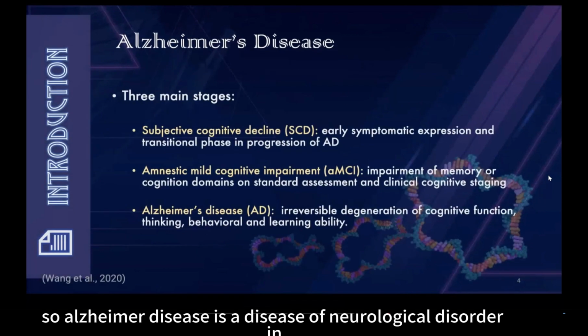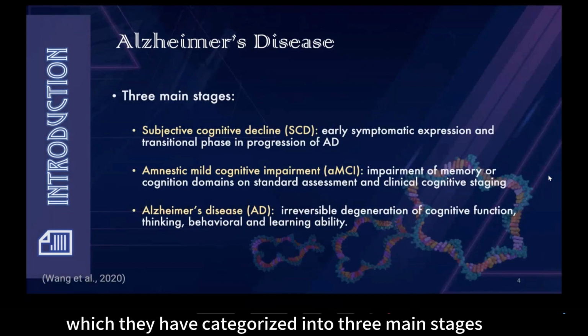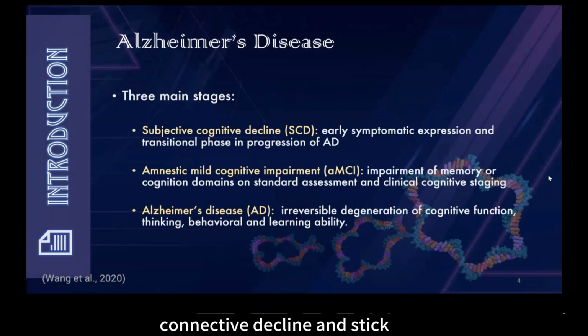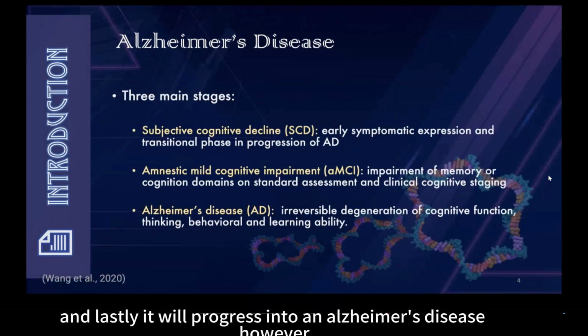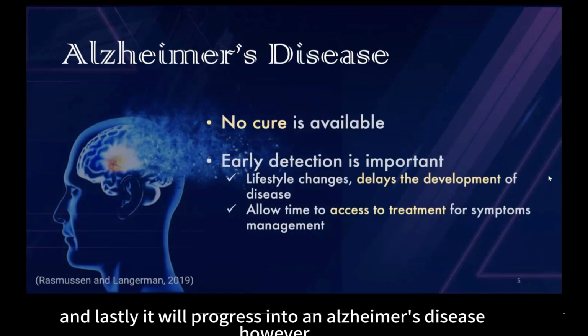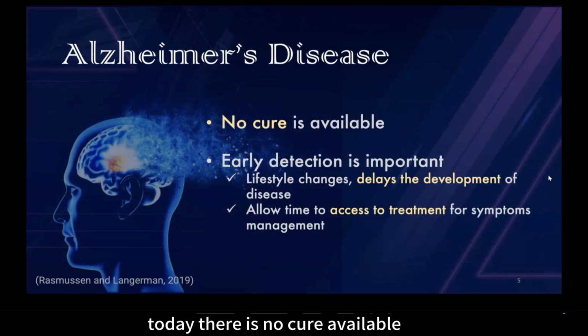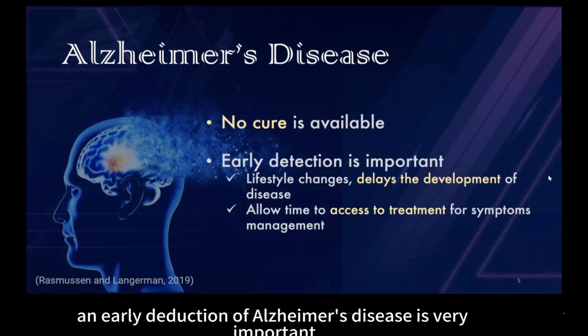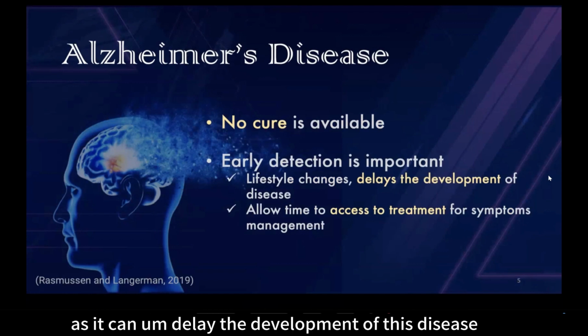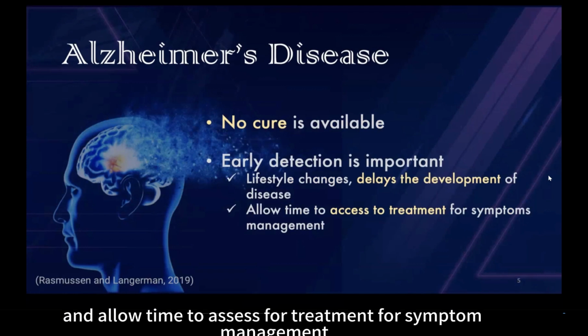Alzheimer's disease is a neurological disorder which is categorized into three main stages: subjective cognitive decline, amnestic mild cognitive impairment, and lastly, it will progress into Alzheimer's disease. However, to date, there is no cure available, and early detection of Alzheimer's disease is very important as it can delay the development of this disease and allow time to assess treatment for symptom management.